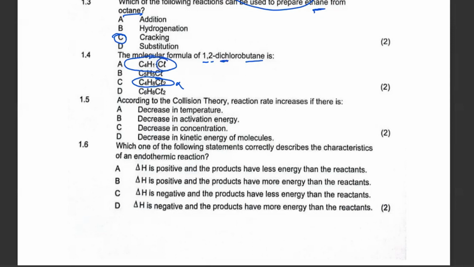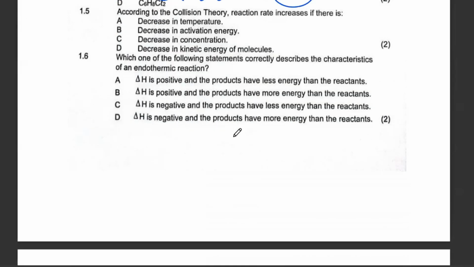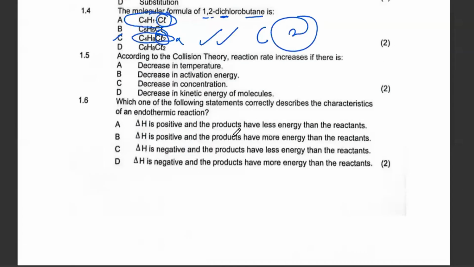This one has 1 chloride. This one has 2 chlorides. So the most correct answer is C. Some of them you have to use what you call the elimination method: you take off what is not correct, and then you remain with what you suspect to be the right answer.